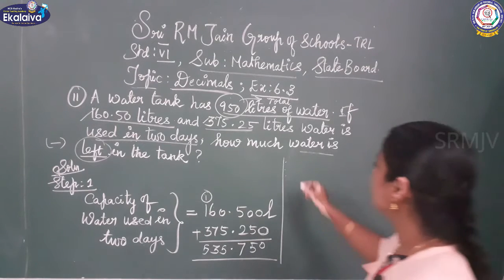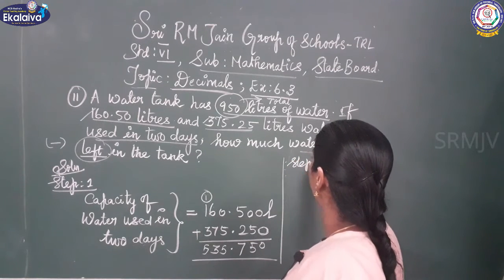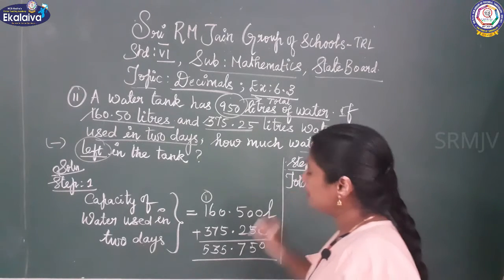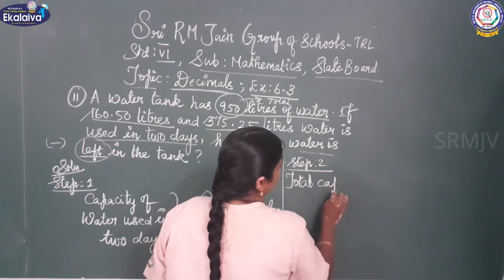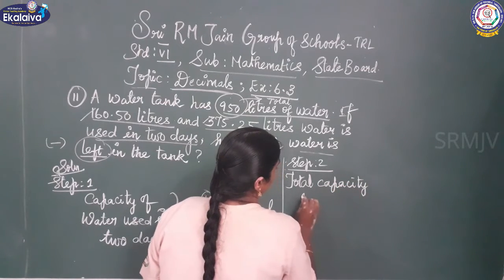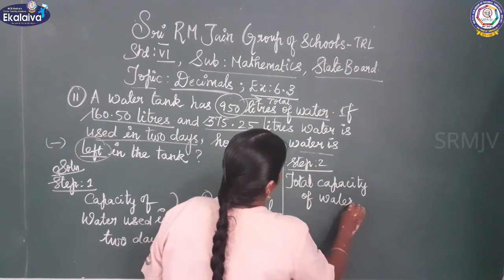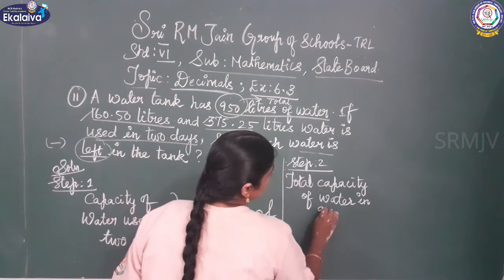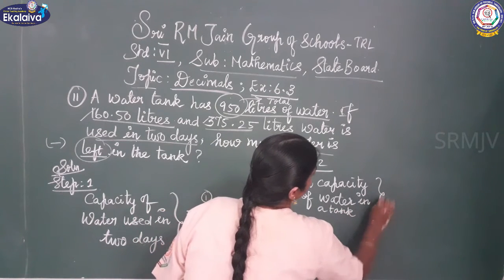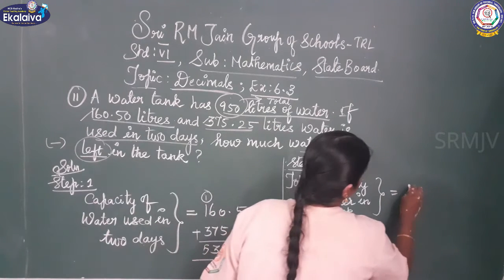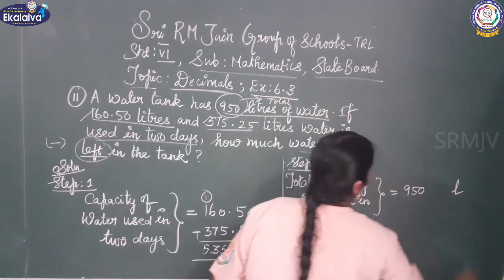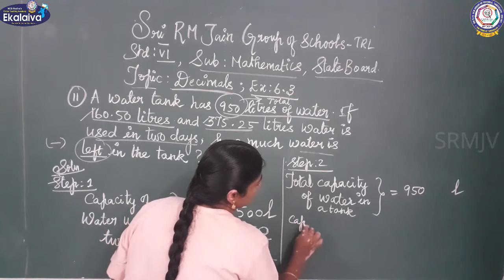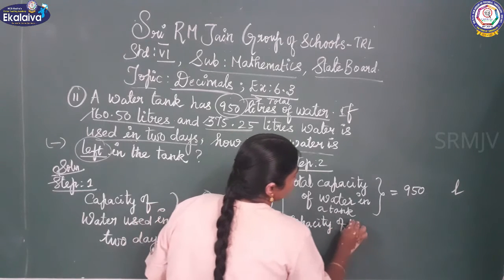I am going to start step 2. Step 2, total capacity of water in a tank is equal to what is given? 950 liters. Okay. Now capacity of water used in 2 days.